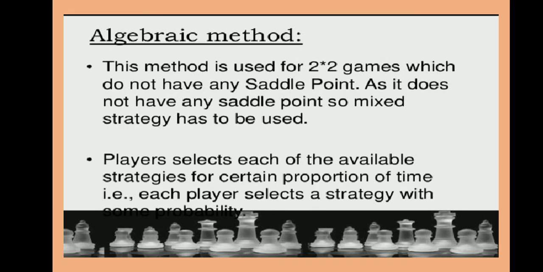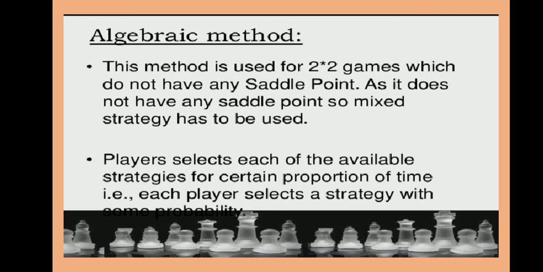Now we have the algebraic method. This method is used for 2 into 2 games which do not have any saddle point. As it does not have any saddle point, mixed strategy has to be used. Player selects each of the available strategies for certain proportions of time.